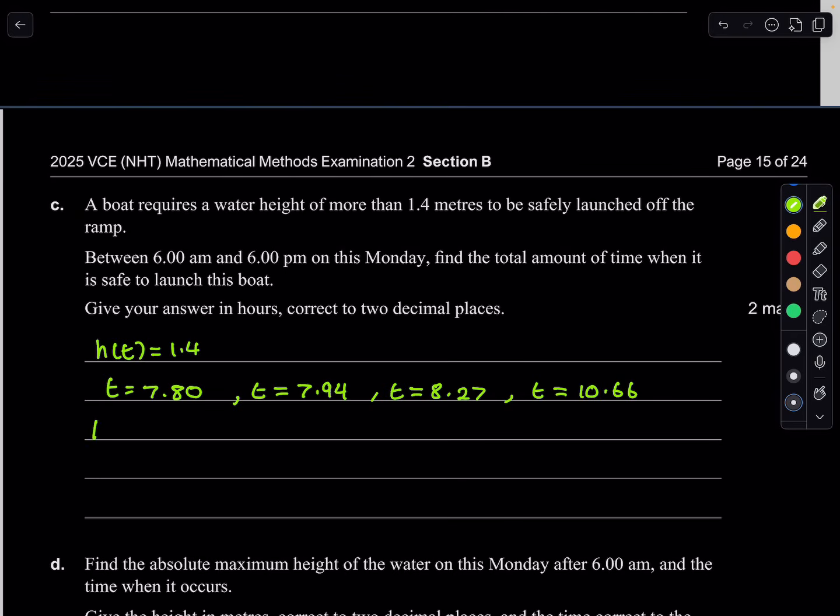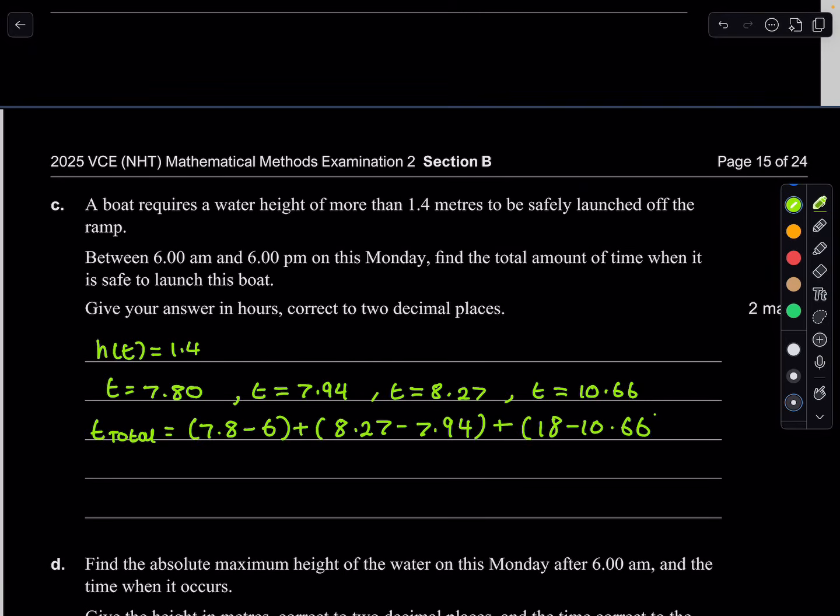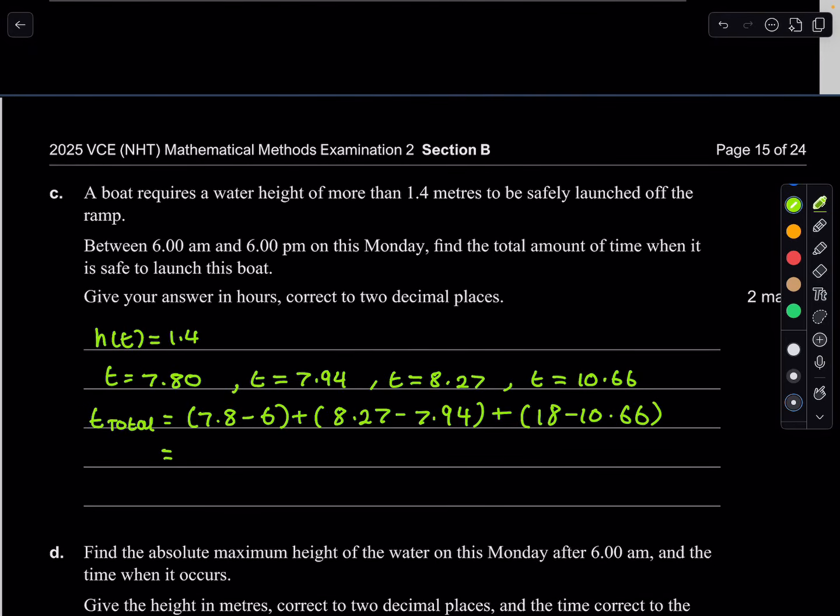And remember, how did we do it? We said the total time is 7.8 minus 6, plus 8.27 minus 7.94, plus 18 minus 10.66, and all of this gave us a final total time of basically 9.47 hours.